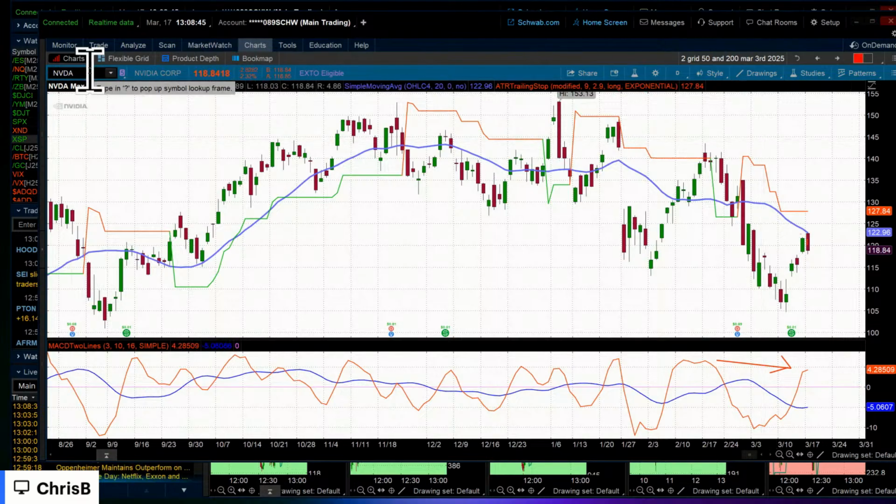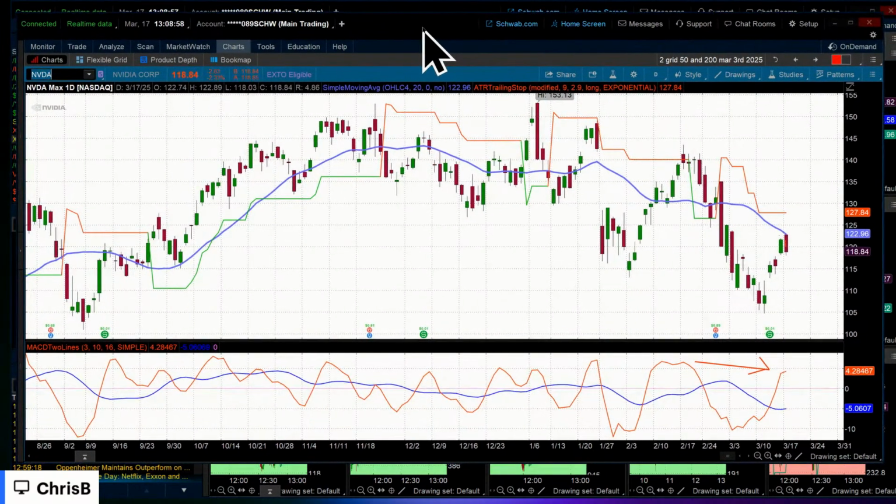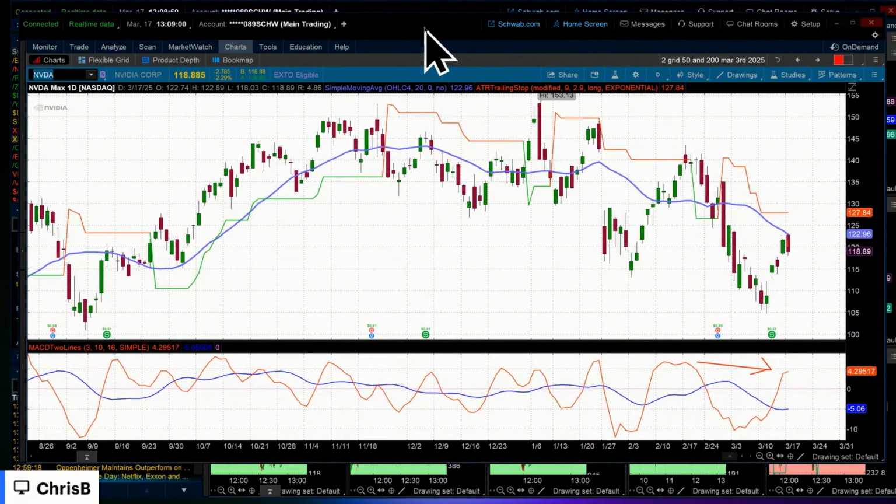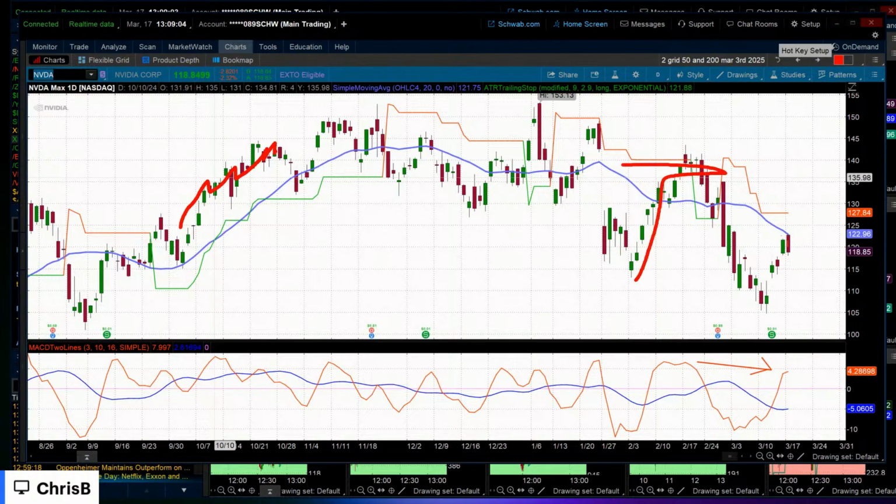So you saw it in Tesla. You see it in NVIDIA. So you have big rallies and downtrends. Some of the most money I've made, believe it or not, is buying in a bear market, because the bear market rallies are violent. So keep that in mind. Look at this. Look how long that took to go up. But once it had a downtrend, look how fast it went up.